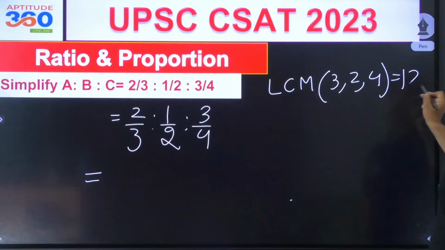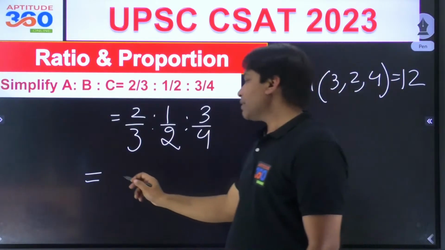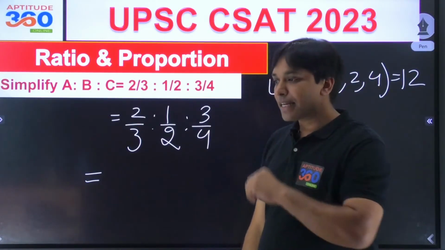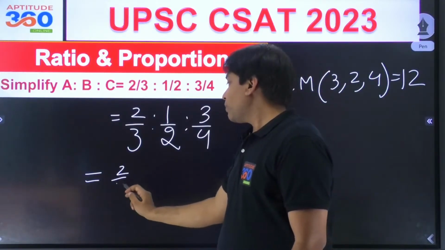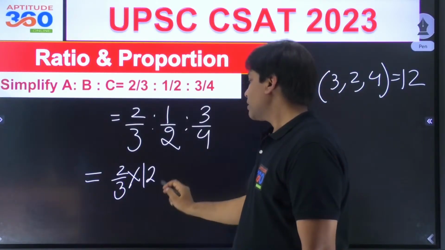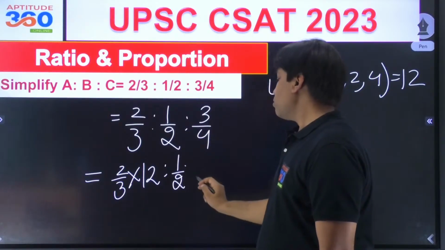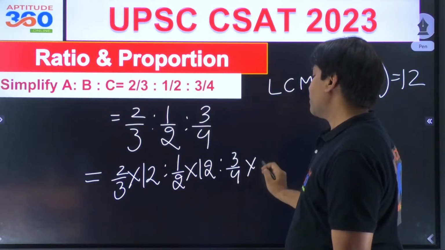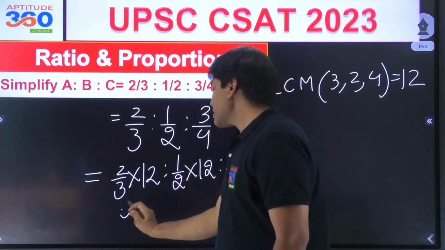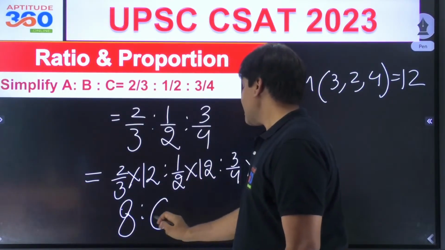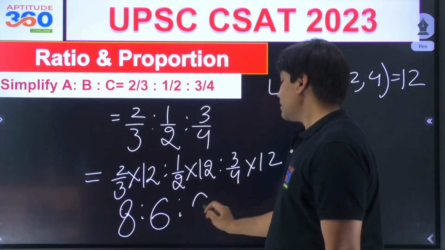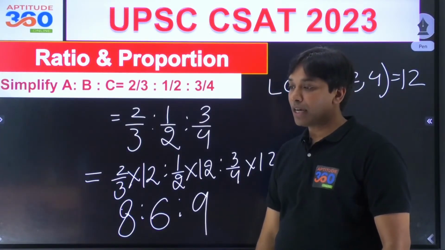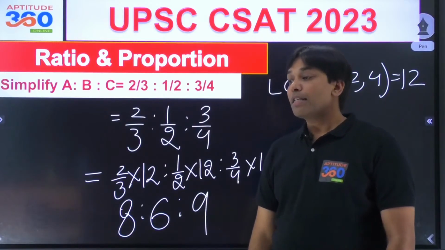LCM of 2, 3, 4 is 12. 12 से multiply करोगे, आपका आंसर आ जाएगा 2 by 3 12, 1 by 2 12, 3 by 4 12. So this is 8 and then 6 and then 9. 8, 6, 9.